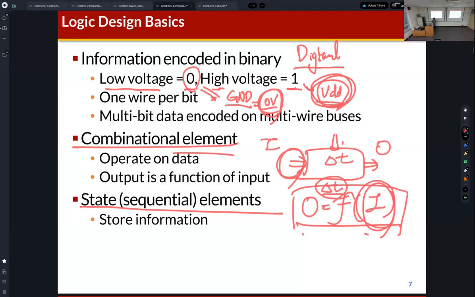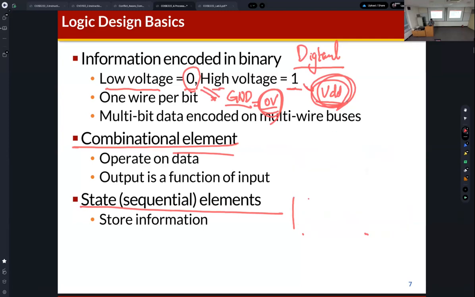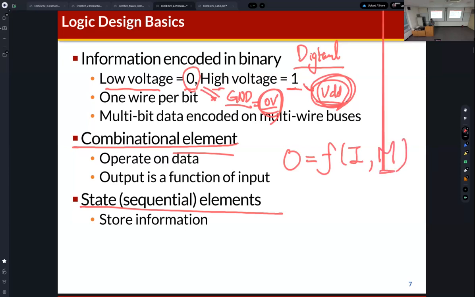Then what is the sequential logic, the sequential element? The output of the sequential logic is determined by input and stored information.